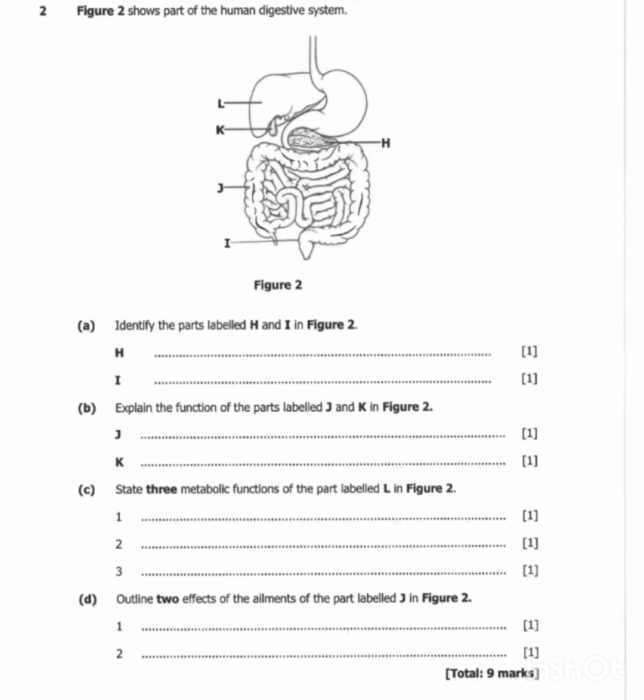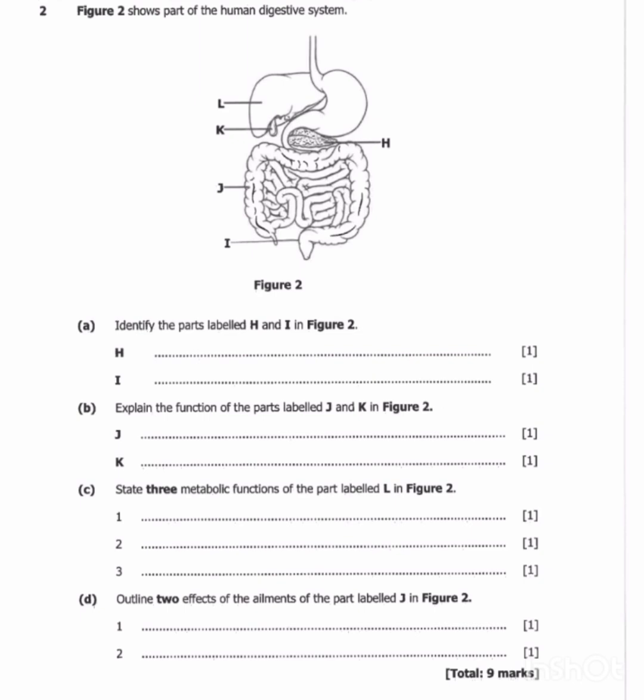After the liver has destroyed old red blood cells, it produces bile. Now in this case, we can just say produces bile.